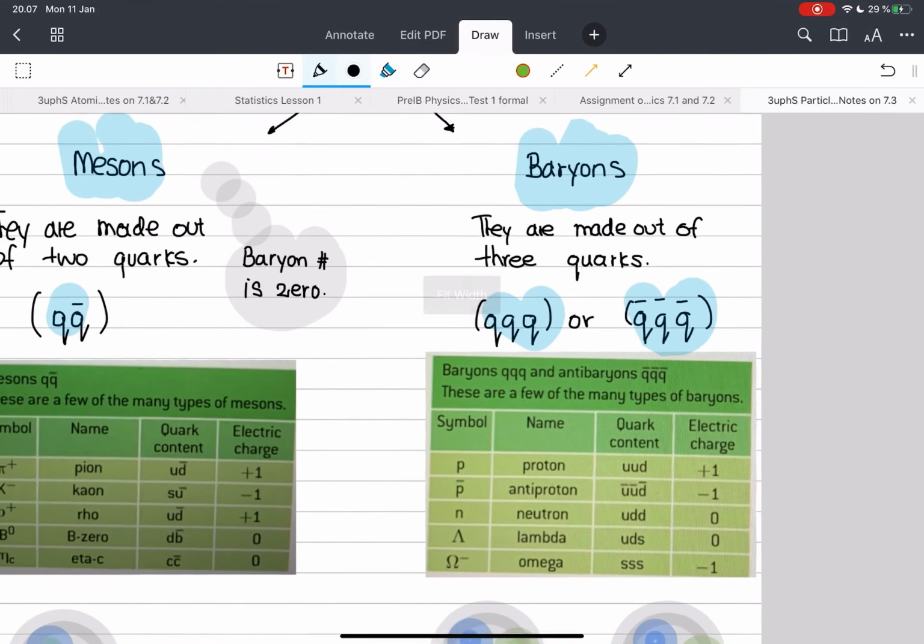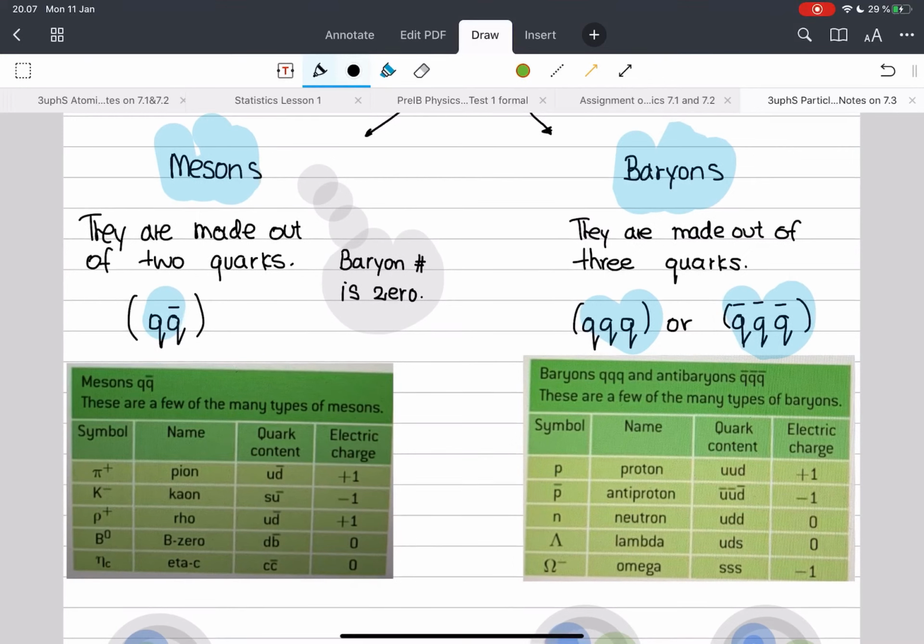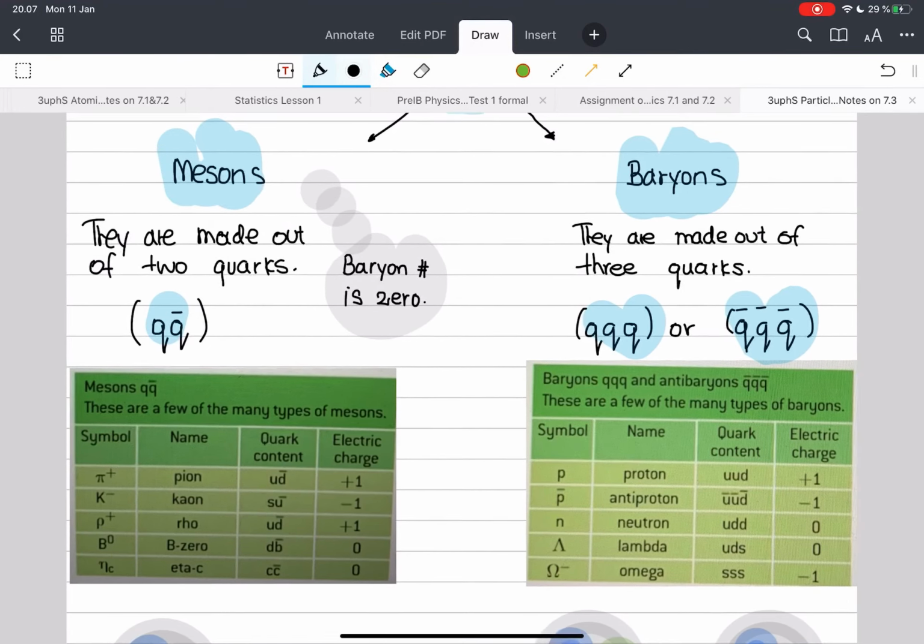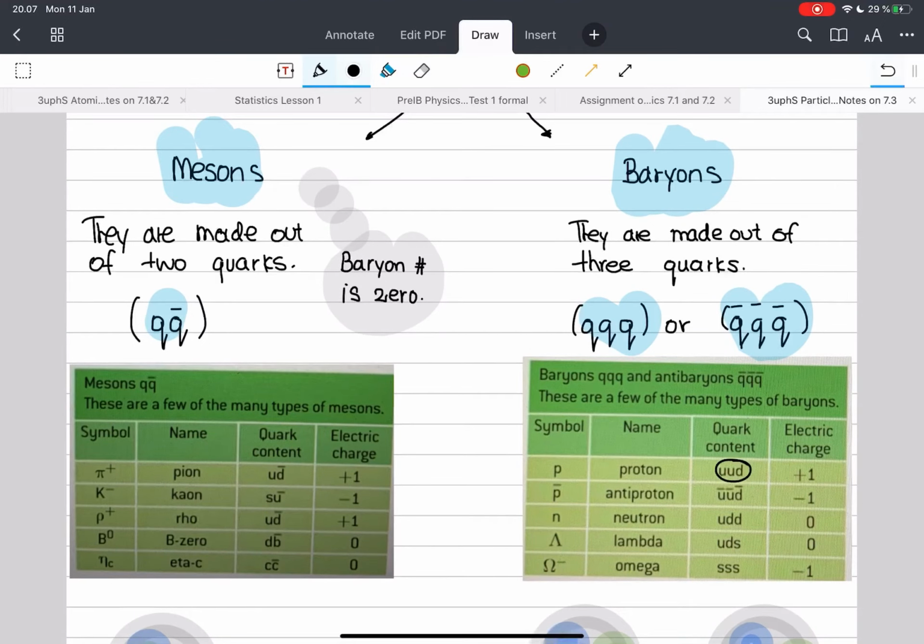Now let's look into the baryons. The baryons are made out of 3 quarks. For example, you can see here the proton made out of UUD. Up, up, and down. Those are the 3 quarks that make it, and it has an electric charge of 1. Indeed, if you take the charges of up, up, and down, you have up is 2/3, plus the other up 2/3, and the down is -1/3.